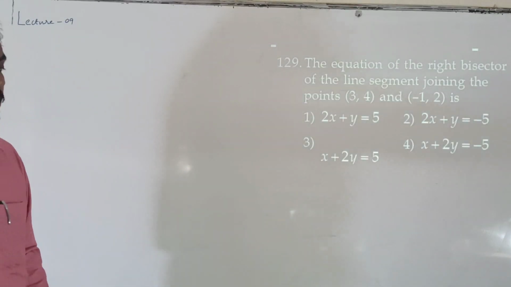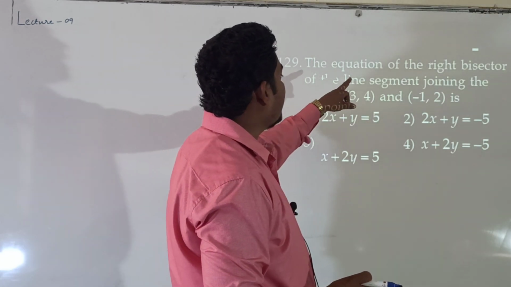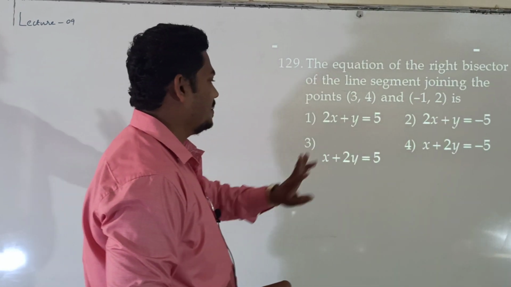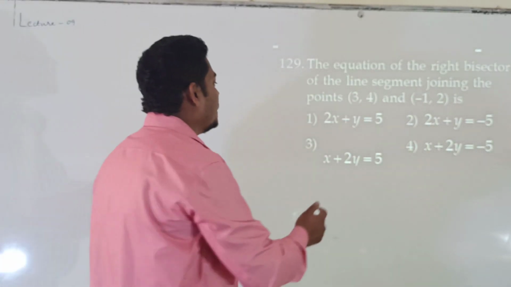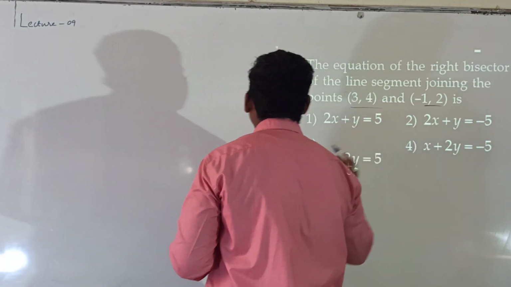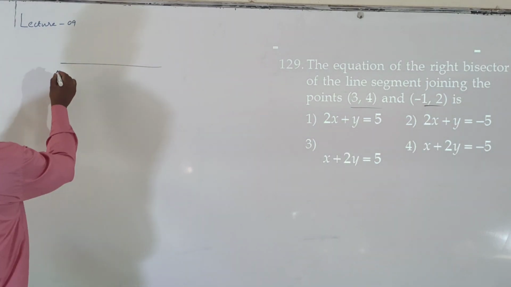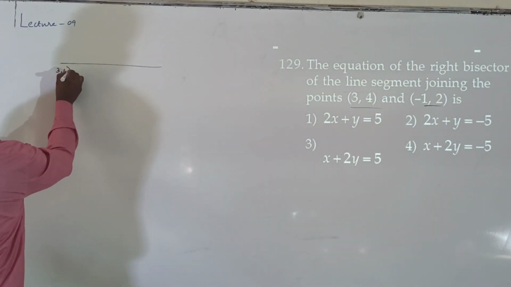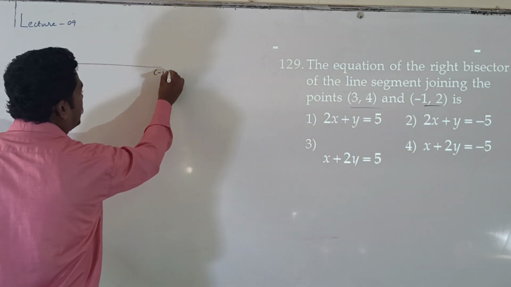Next question: the equation of the right bisector of the line segment joining these 2 points, 3, 4 and minus 1, 2.